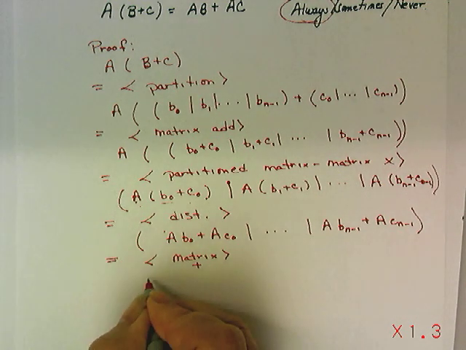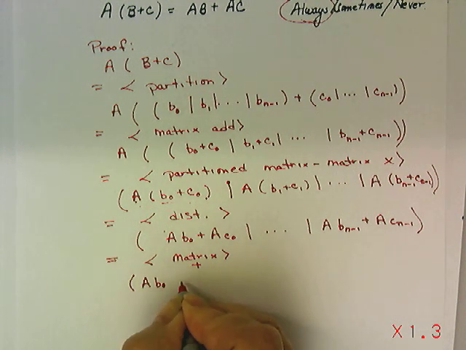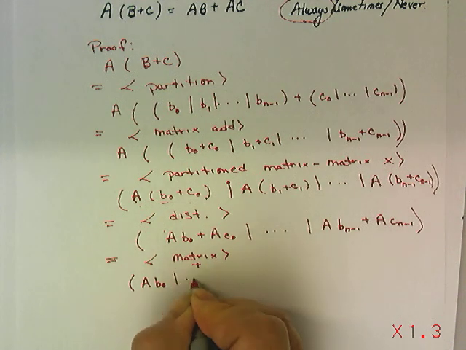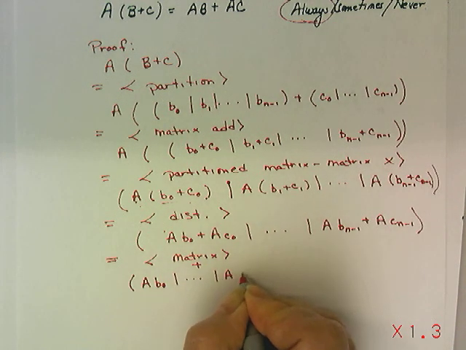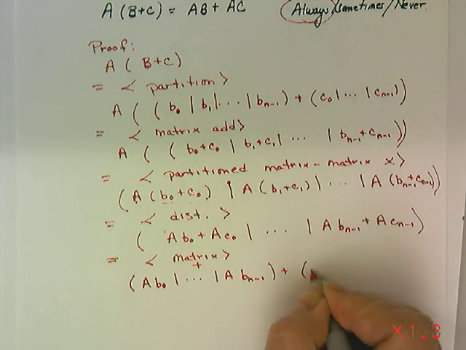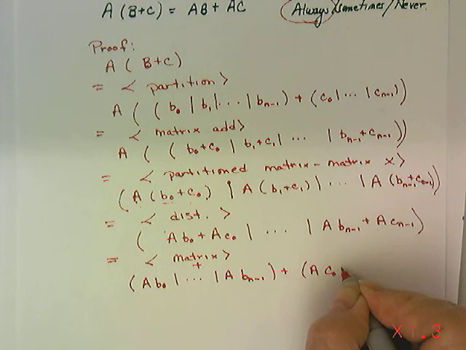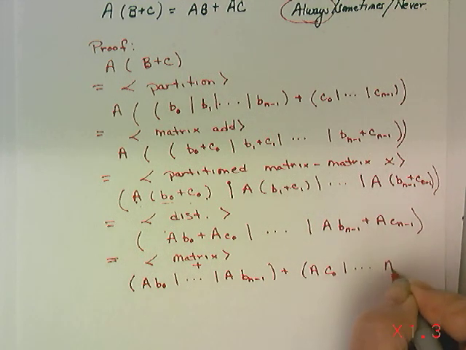I can actually write this as the matrix with columns A times B sub 0 and so forth, A times B sub n minus 1, plus the matrix A times C sub 0 out to A times C sub n minus 1.